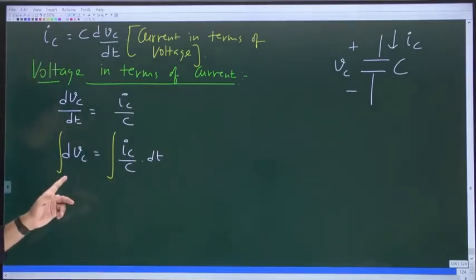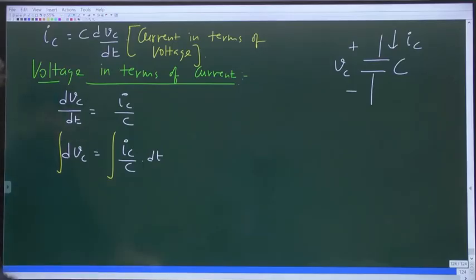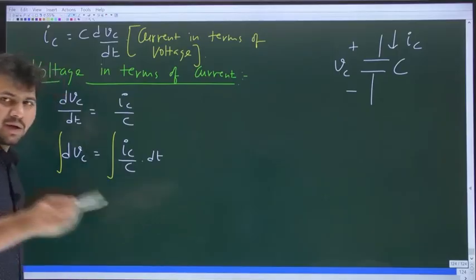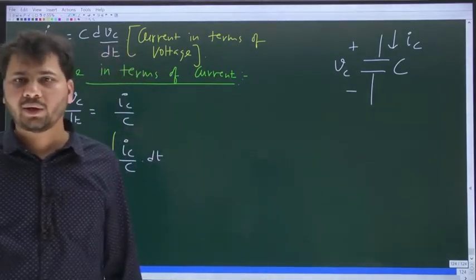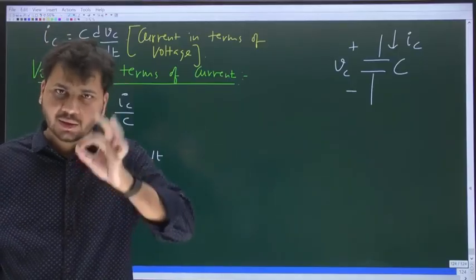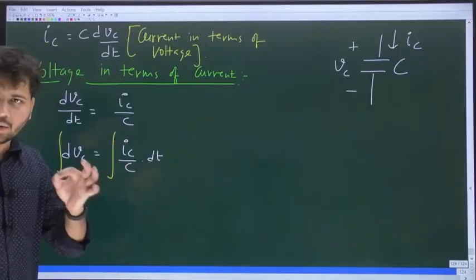On the left hand side the integration is with respect to the voltage across the cap, that is Vc. Now time will vary from minus infinity up to the present instant, that is t. So t is always the current instant or the present instant.